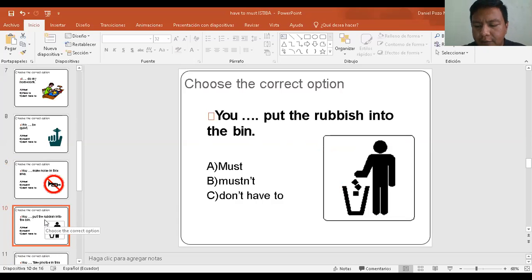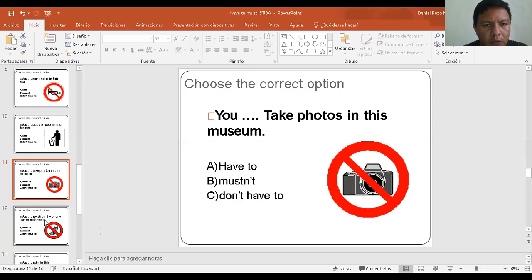Choose the correct. Choose the correct. You have to, mustn't, or don't have to take photos in this museum. Choose the correct, please.